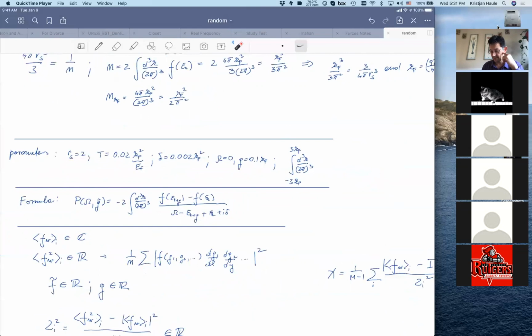Then we take a relatively low temperature. kF squared is like the Fermi energy EF, and 0.02 is only 2% of the Fermi energy, which is sufficiently small to be a good representative of zero temperature. The broadening is even one order of magnitude smaller than the temperature, so this is a good representative of the limit when broadening goes to zero.